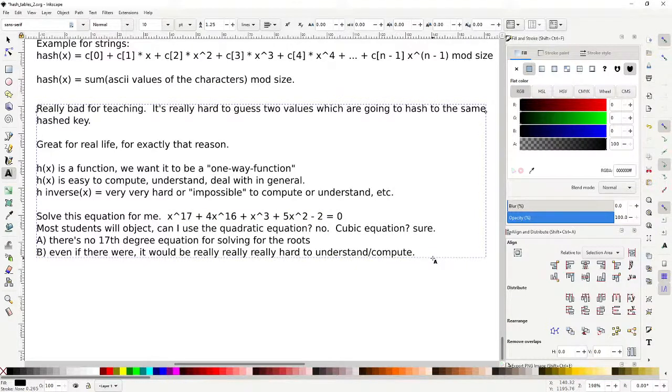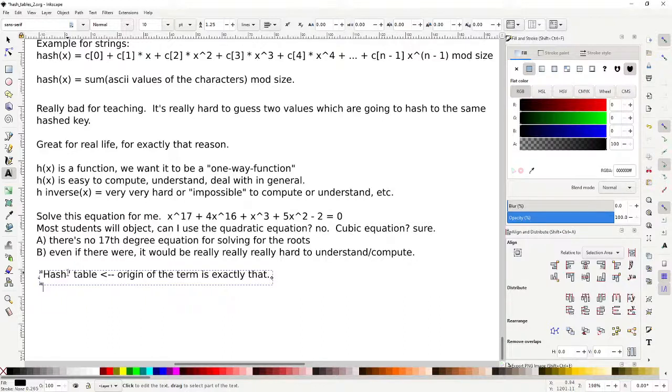And so remember that the whole idea, the whole reason why it's called a hash table, right? Like the origin of the term is exactly that. I don't know if you've ever heard the expression, make a hash of it. Basically scramble it up.